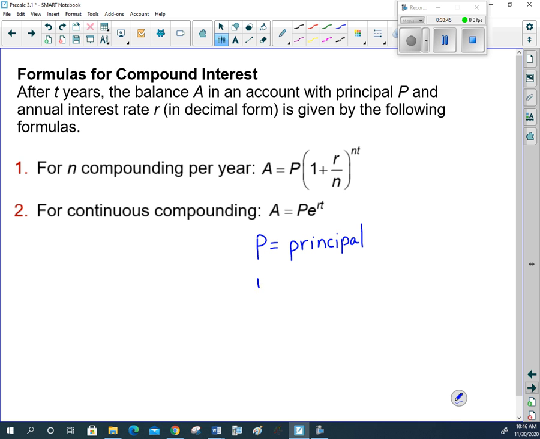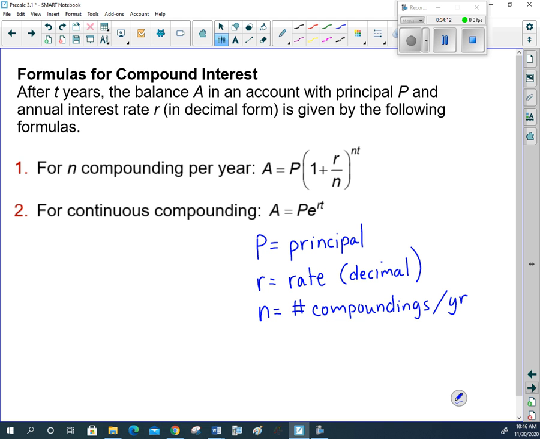Okay, the R is the rate. And you're going to want that to be a decimal. So if I say 6%, you're going to want to change that to a decimal, like 0.06. And then N is the number of compoundings per year.